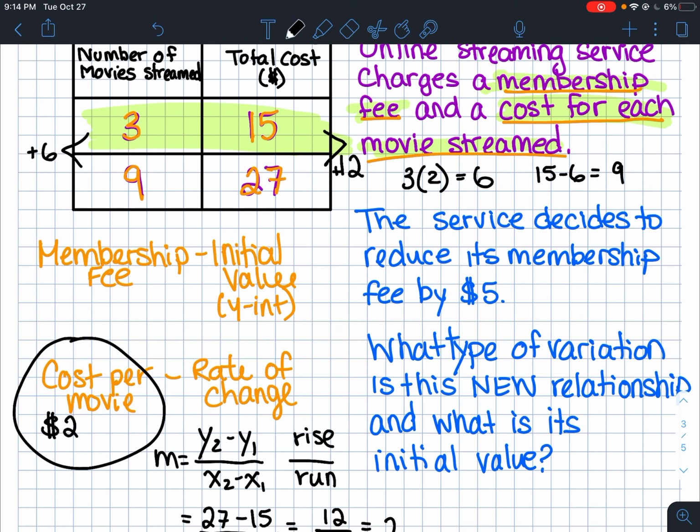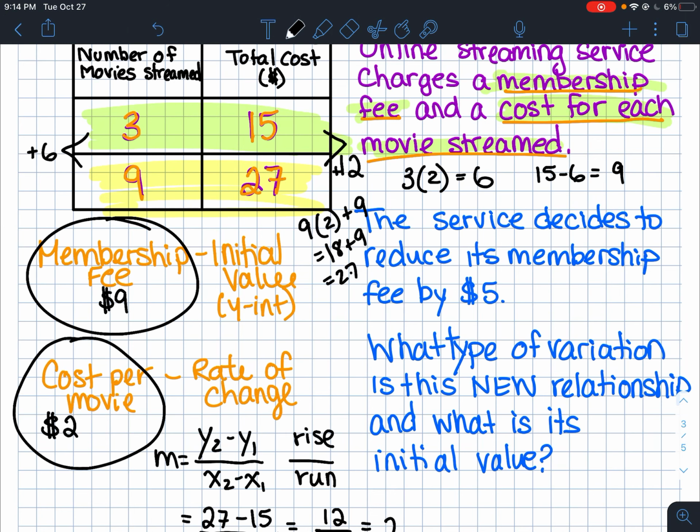So your membership cost is $9. Let's just test that out with the next one. If you rent 9 movies, it costs you $27. So let's make sure that works. 9 movies times $2 per movie plus $9. That'd be 18 plus 9, which would equal 27. Cool, we just figured it out.